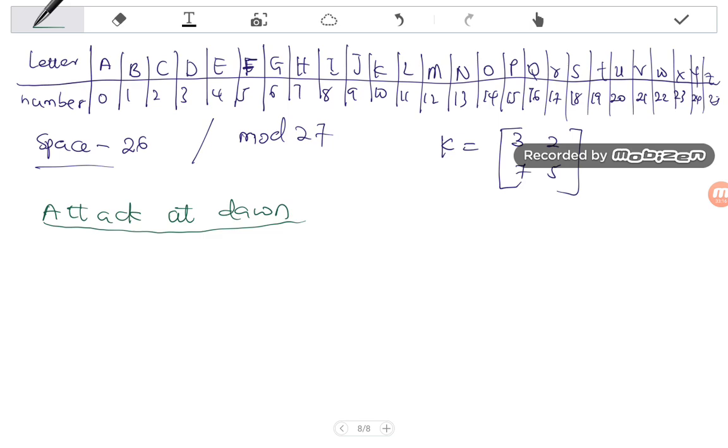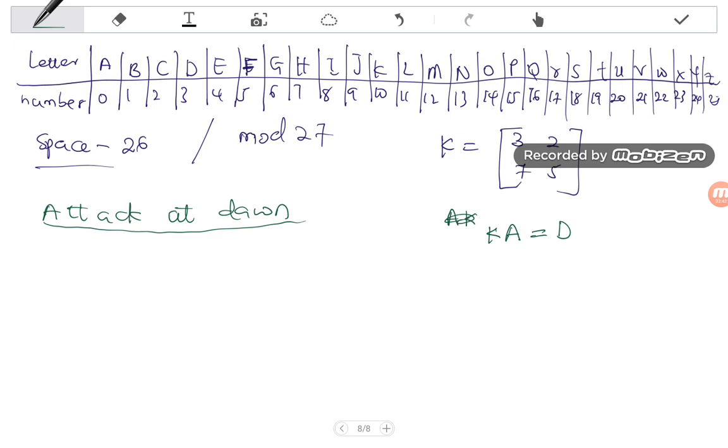So first of all, let's call your message A. You lock it up with the key, and that will give you the encrypted message.